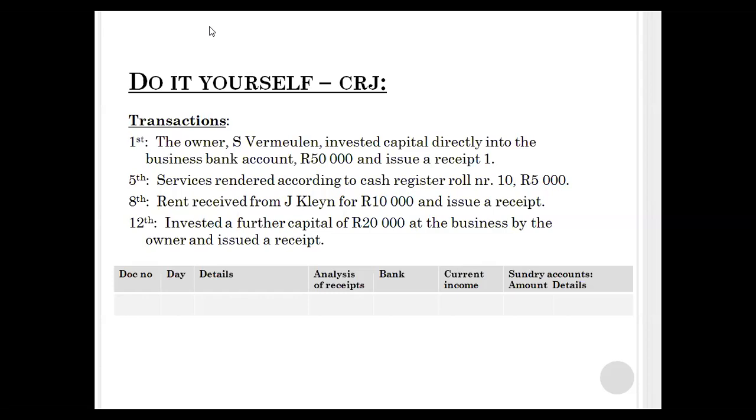The amount 10,000 Rand will go to analysis of receipts, to bank, and to sundry accounts, and it is for rent income. So you write rent income. And remember, I've said it before, you cannot just write rent. They will mark it wrong because that's not the correct name of the account. The correct name is rent income.